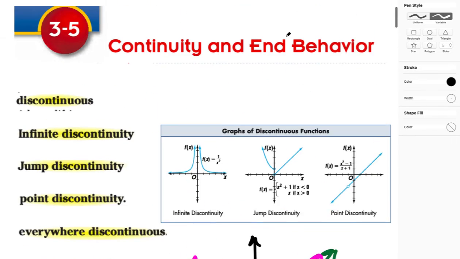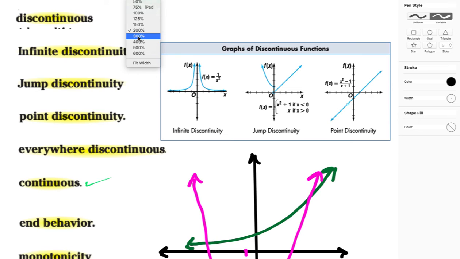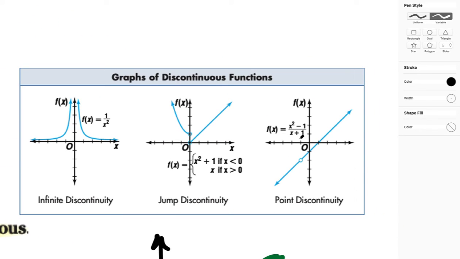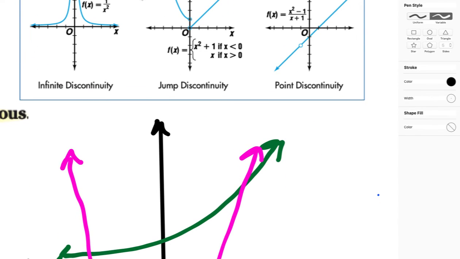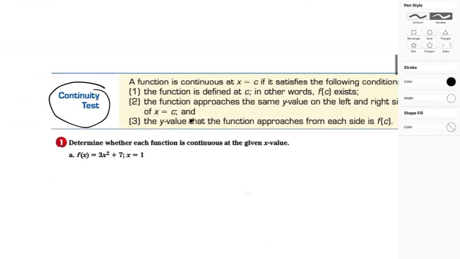For instance, looking at this picture, this function is not continuous at 0 because it doesn't exist at 0. Same thing here. If we zoom in a little closer, the second function does not actually exist at 0. This guy does not exist at -1. So already those fail that first necessity for continuity.